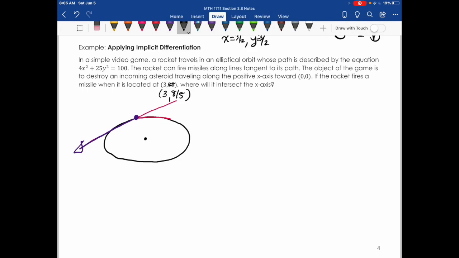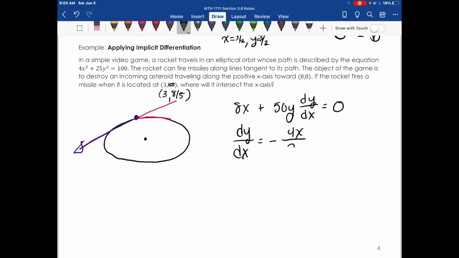I'm going to take the derivative of 4x squared, which is 8x, plus the derivative of 25y squared, and that would be 50y, but because I took the derivative of y, I have to multiply by dy/dx, which is the derivative with respect to x. And then when I take the derivative of 100, because it is a constant, I just get 0. When I solve this for dy/dx, I'm going to get negative 4x over 25y.